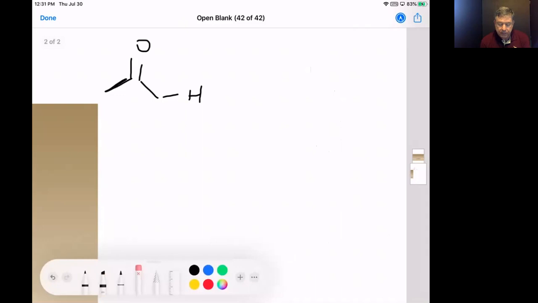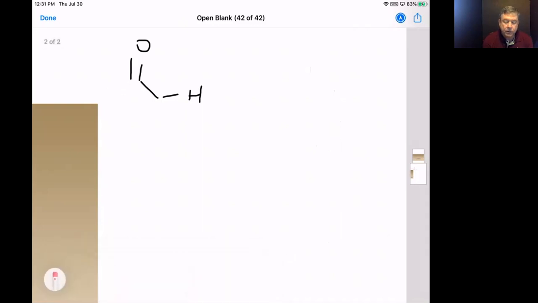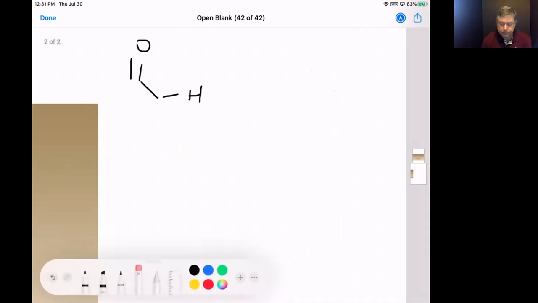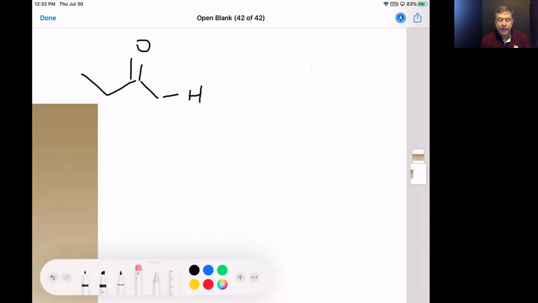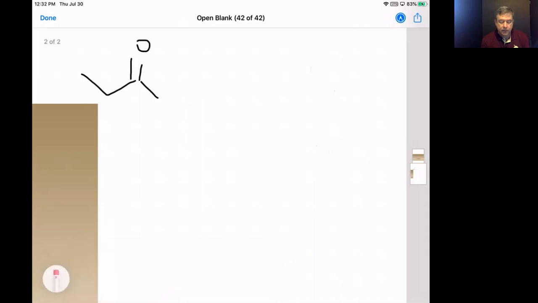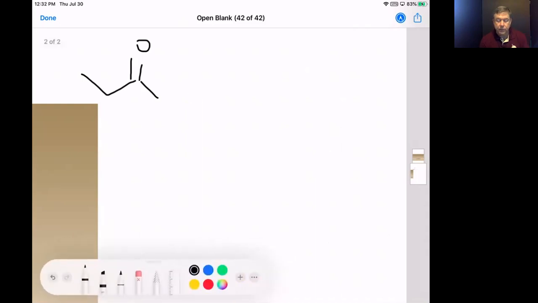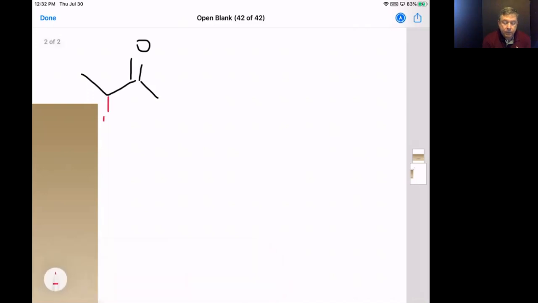So instead of having that acetone, that symmetrical dimethyl ketone, let's do this one instead, okay? So this is where the problem comes in, because there is very little difference between deprotonating here and deprotonating here, okay?